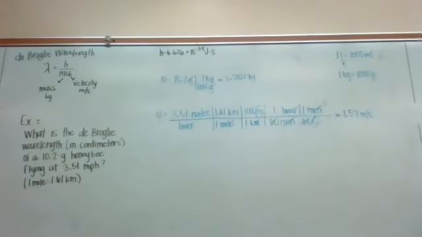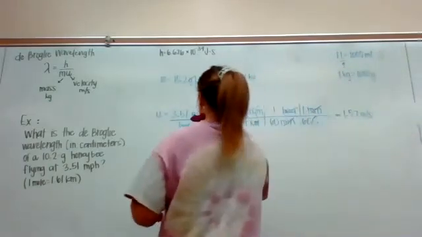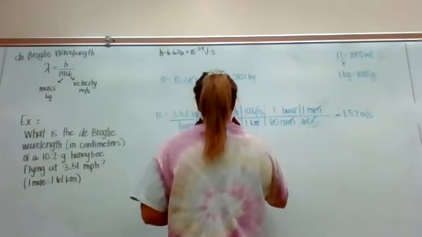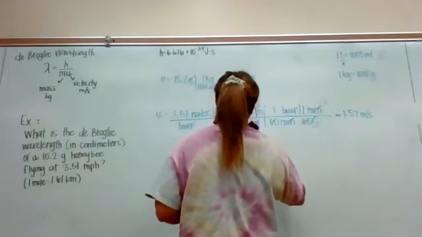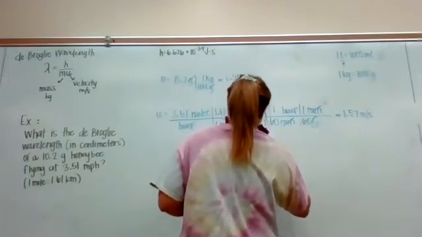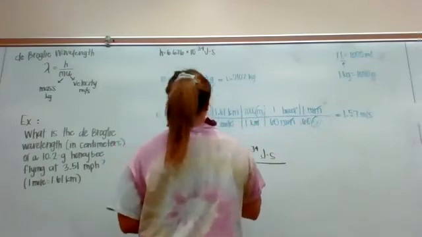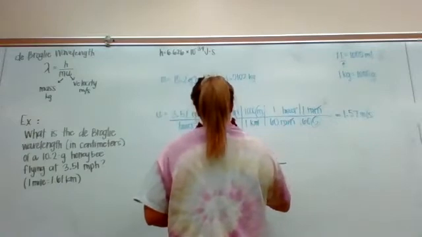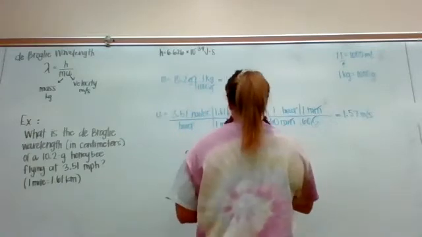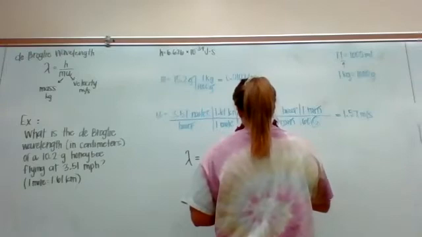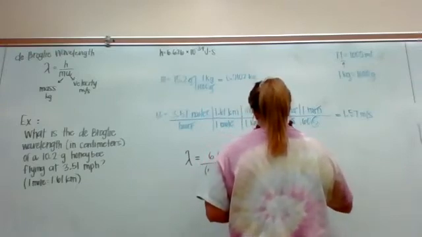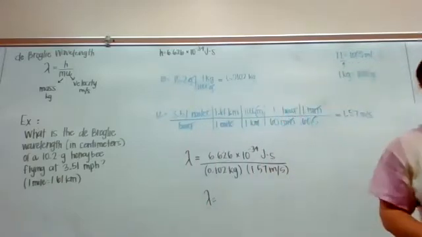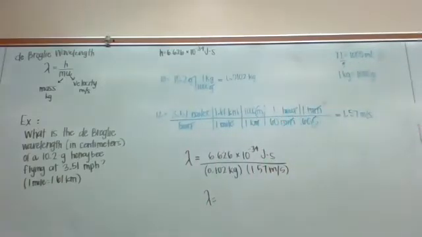All right, so let's plug it in. 6.26 times 10 to the negative 34 joule times second over mass in kilograms, velocity in meters per second. Plug it in your calculator.